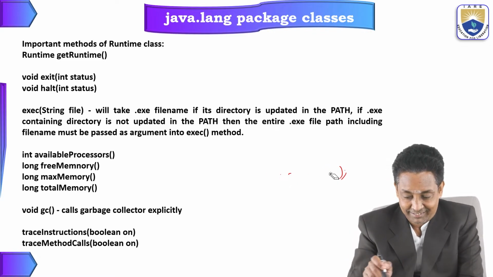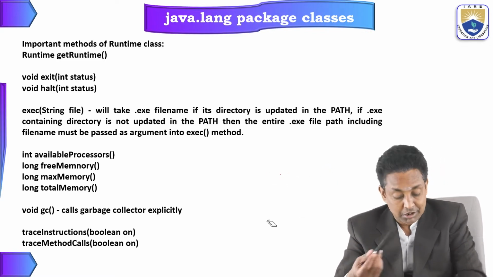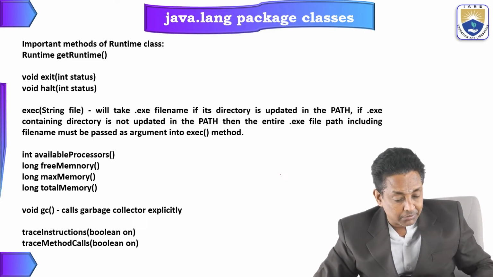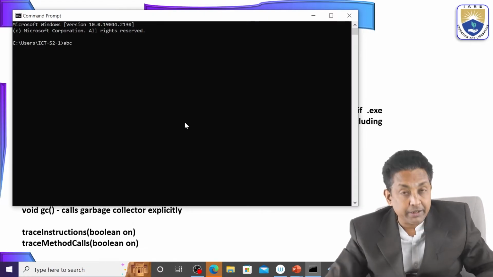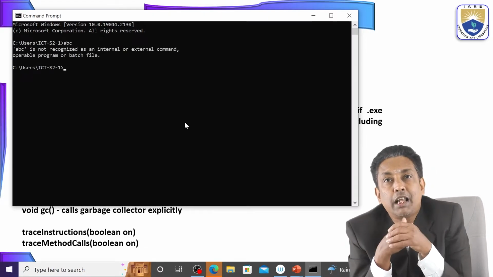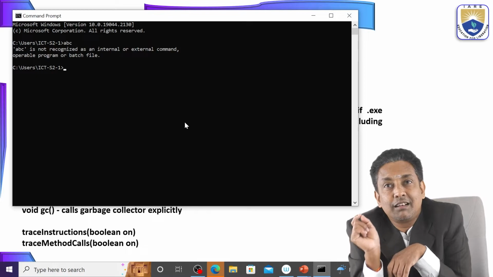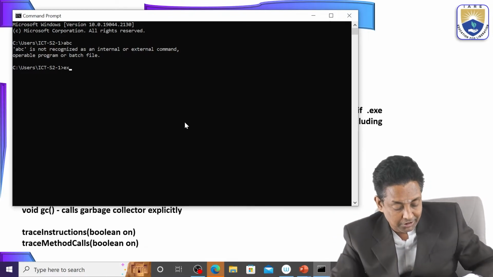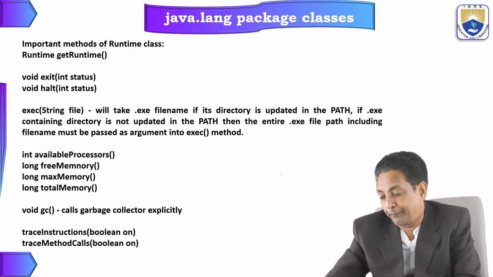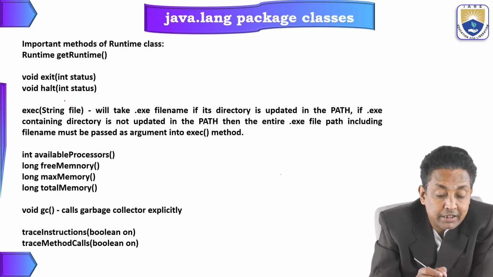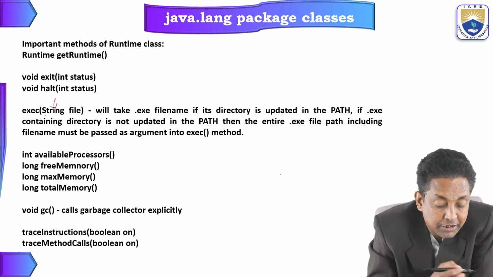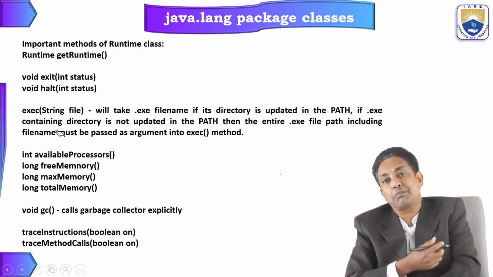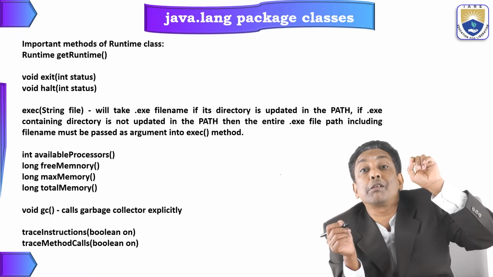If you request something which the operating system cannot recognize, the error the operating system gives is: some ABC is not recognized as an internal or external command, operable program or batch file. So make sure whichever exe file you are giving as argument into the exec function, the directory containing that exe file must be included in your system environment variable path.